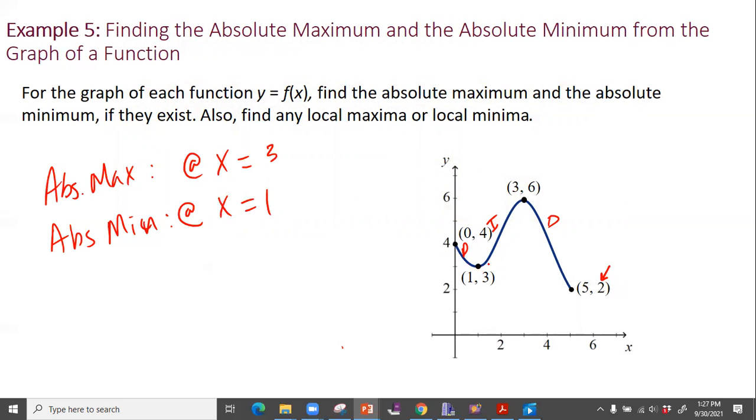But if I talk about value, like the y, this would be my minimum value and this would be my max value. Based on the definition, that's not an absolute max and min as far as location.